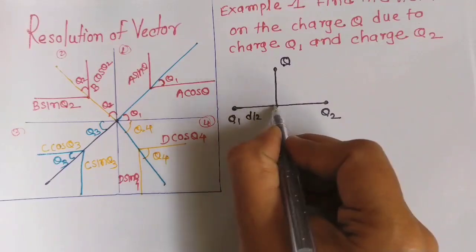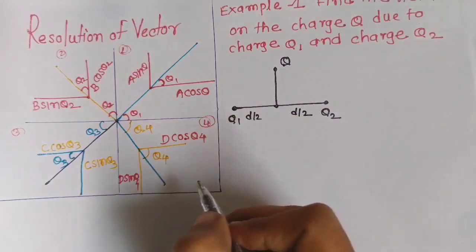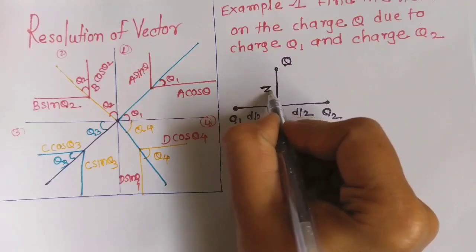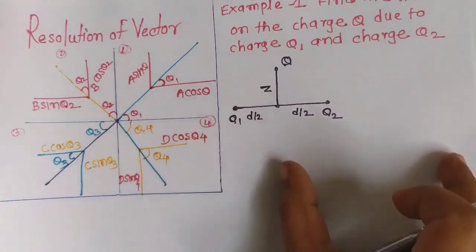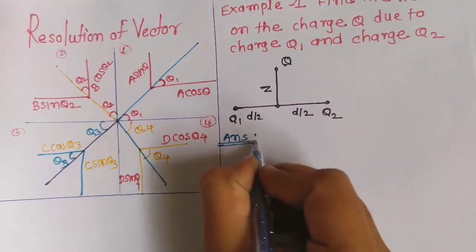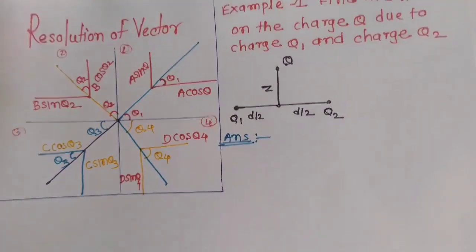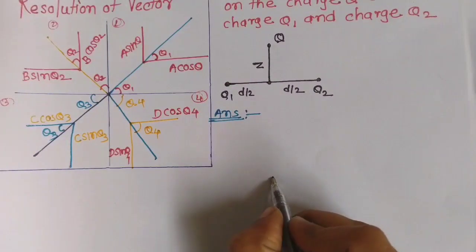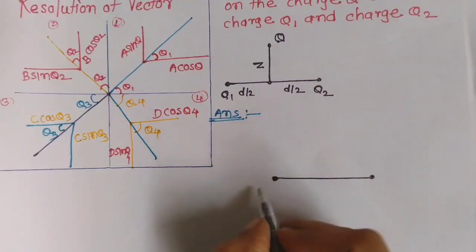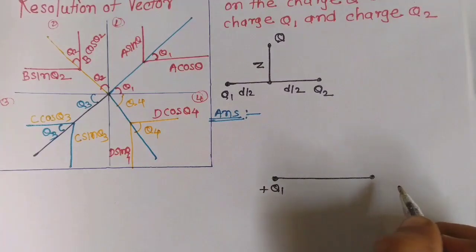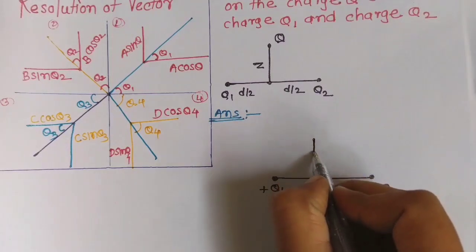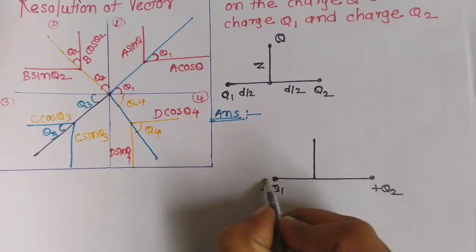The distance between the center and Q1 is d by 2, and between the center and Q2 is d by 2, so the whole distance from Q1 to Q2 is d, and from the center to charge Q is Z. This is your charge plus Q1, this is your charge plus Q2.